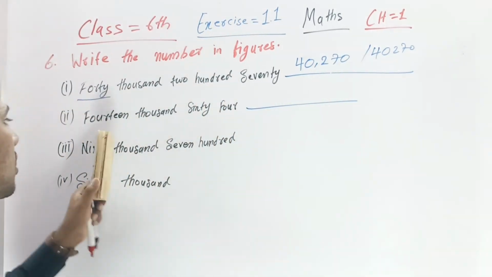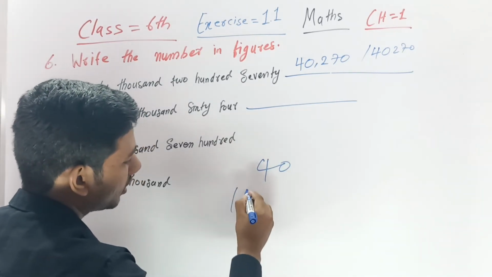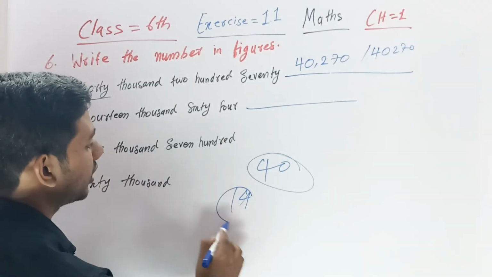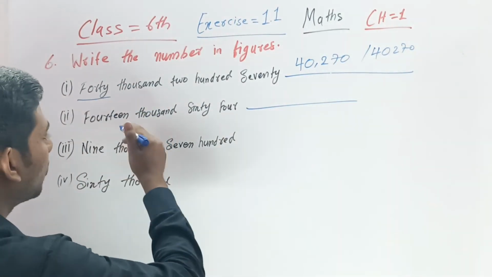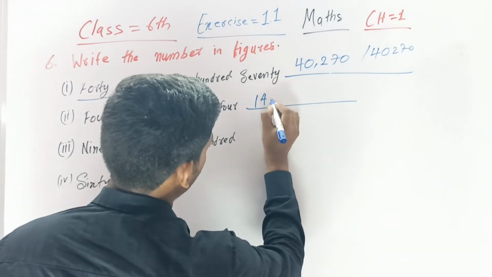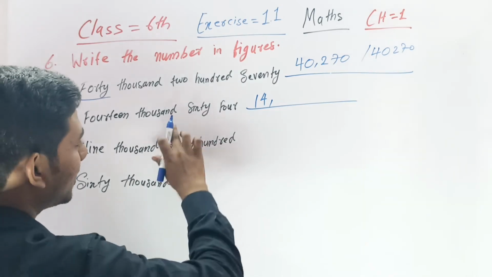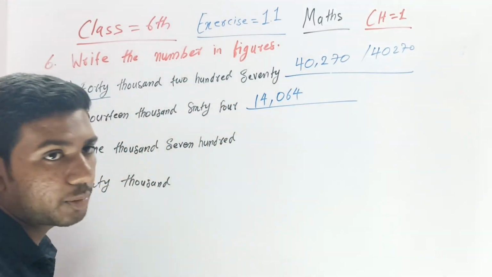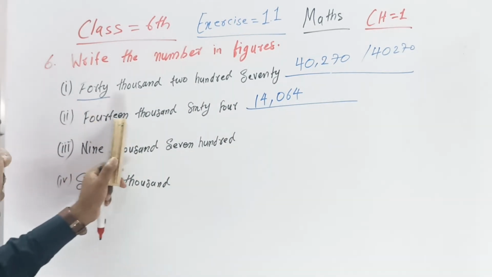Second one says 14,000. Lots of people go for it, not 14, this one. Okay, so you have to write 14,000. Now 64. There is a 64. So lots of people say why I put 0 here. So listen, it said 14,000.